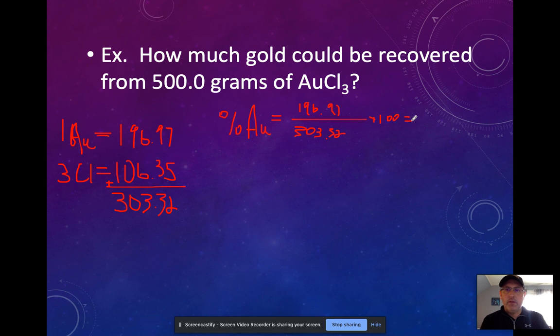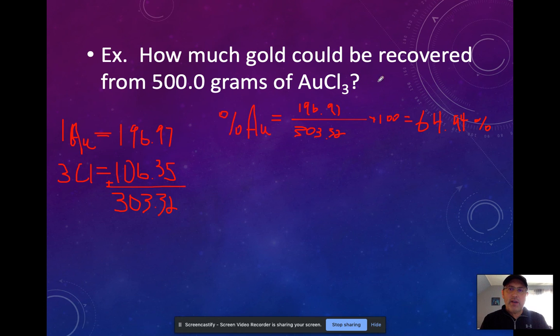And that's going to equal, let me see, 196.97 divided by 303.32 times 100. So it's going to be like 64.94% gold. Okay, so that's our percentage of gold.